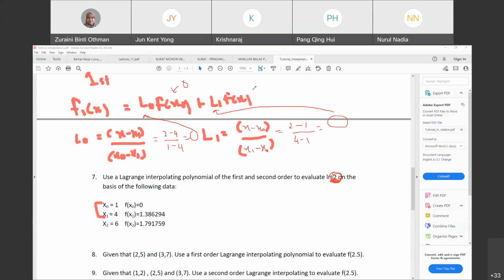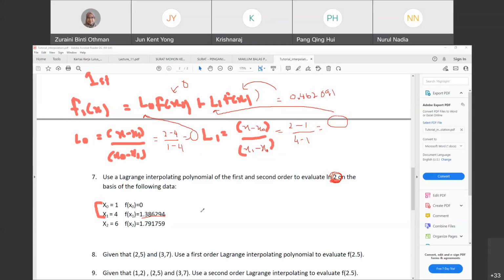And fx1 ialah nilai fx1 ni, gantikan di sini. So nanti nilai ni kamu akan dapat 0.4629091. Okay, so finish with the linear Lagrange.